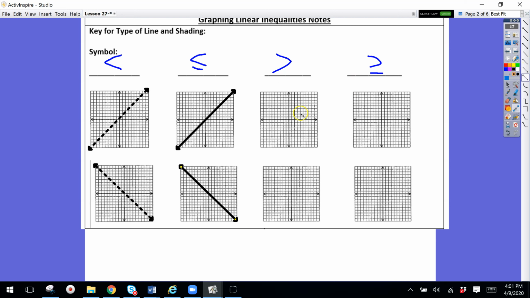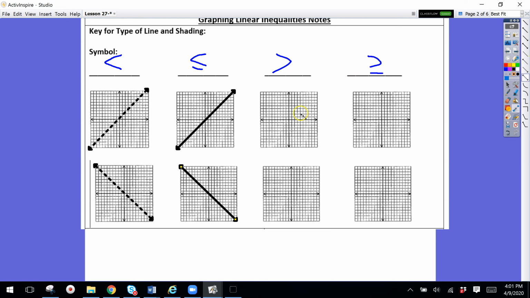It says greater than, so I need to shade above this line. Because this has a negative slope, above looks slightly different than this, but it's still the same idea. I need to be on top of the line. And again, looking at my key here, greater than or equal to, on top when you had a negative slope looks like that, and so this pretty much matches that.